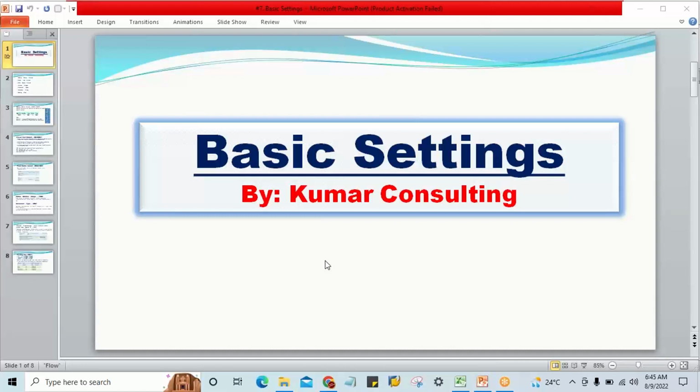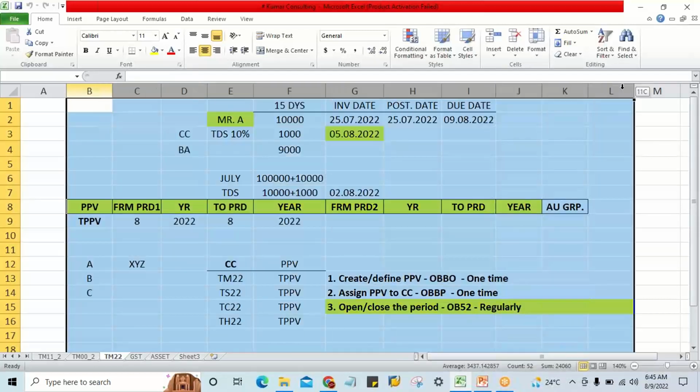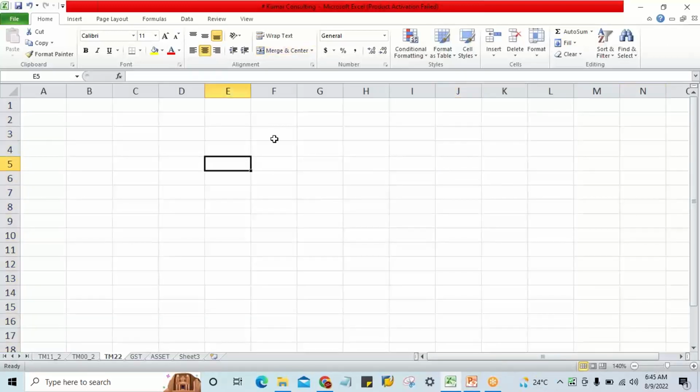Now, the next setting we have to do is posting period variant. So what is this posting period variant, guys? Again, now here, let me open the Excel sheet. So these are the things which we have seen in the previous session. Just let me close, delete this now.